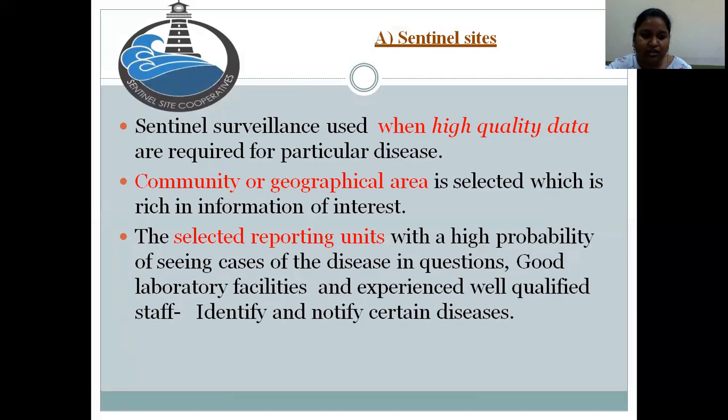They prepare questionnaires and ask a particular geographical area about the events. Good laboratory facilities are also provided, and experienced, well qualified staff is very important to identify and notify the certain disease or the ADR reported by that community or the geographical area persons.